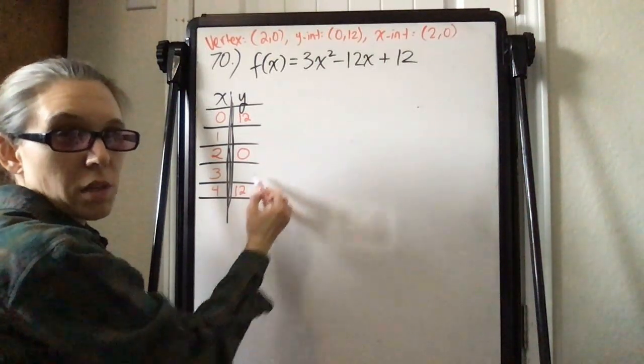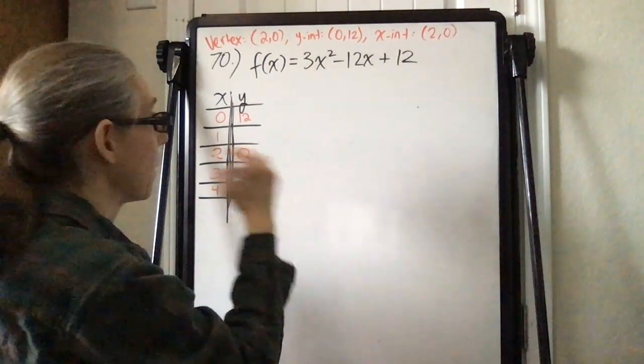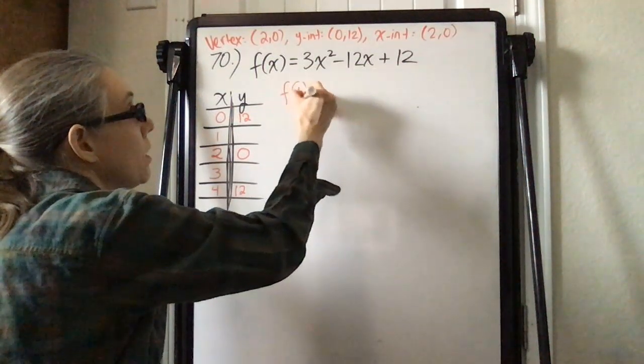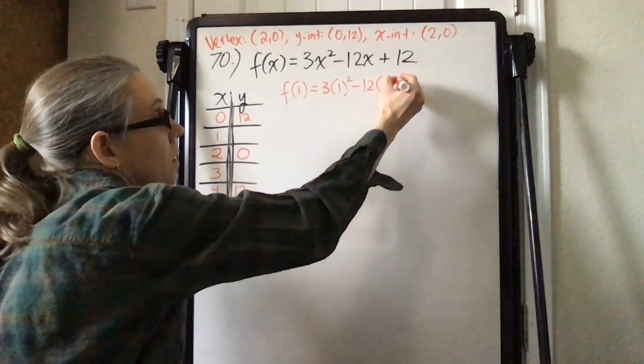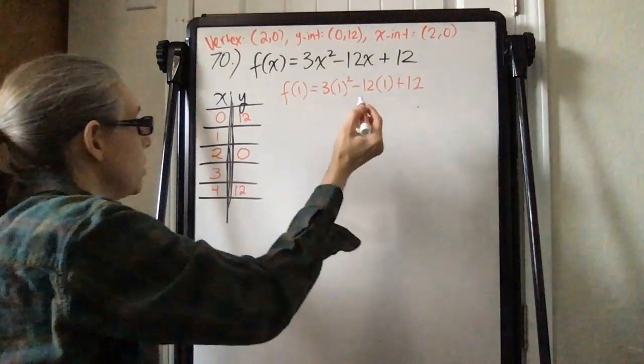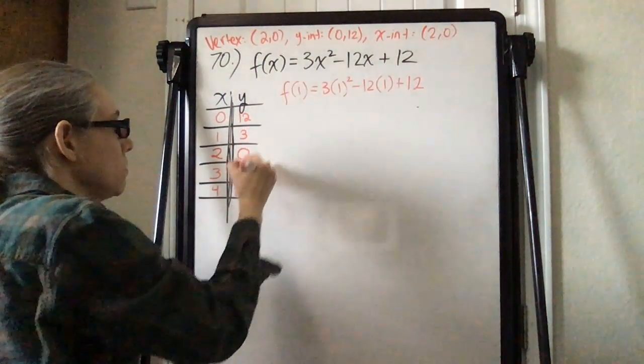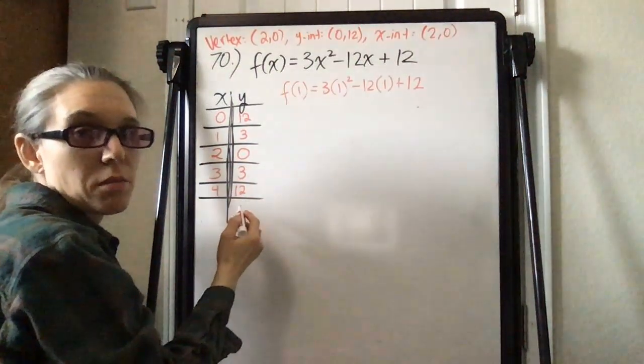And now I can just plug in 1 or 3. F of 1 is 3 times 1 squared minus 12 times 1 plus 12, which is 3. So both of these will be 3 by symmetry.